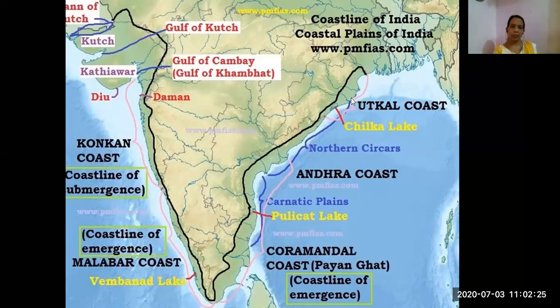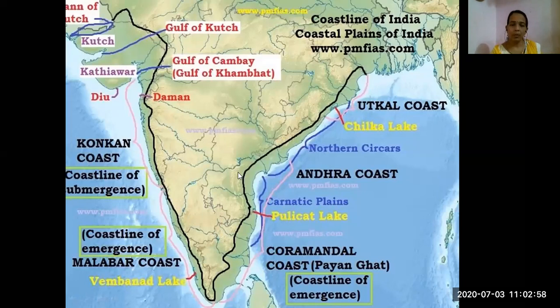A delta is a triangular plain formed due to river deposition. Again, one important thing here is the Chilka Lake. The Chilka Lake is the largest salty lake of India. Here you are looking at the coast, the Chilka Lake, and next is the Pulikat Lake. These are part of the eastern coastal plain.